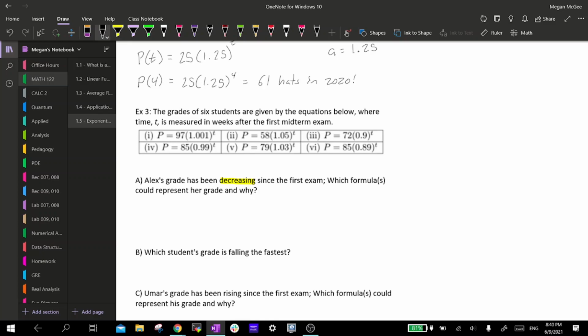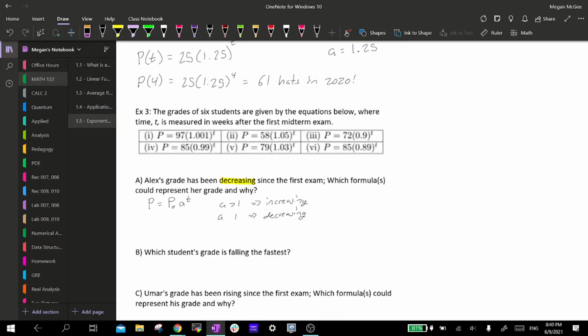So we just learned, if our population is equal to our initial population times A raised to the power t, we know that A greater than 1 is increasing and A less than 1 is decreasing.